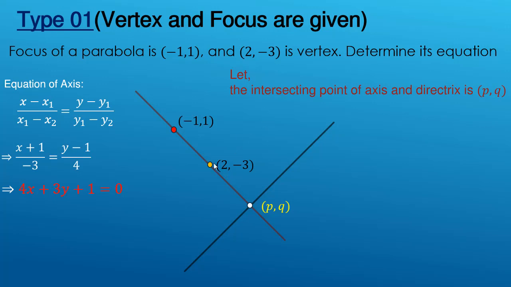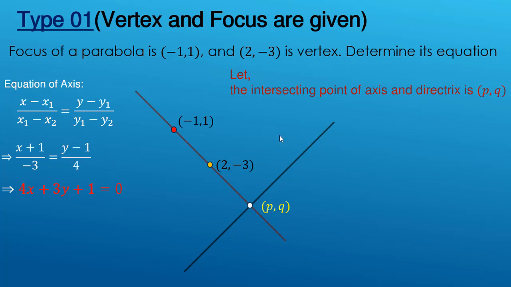So if these two distances from the vertex are equal, look, this distance and this distance are equal, so the vertex must be the midpoint of the line segment that joins (-1, 1) and PQ, right? Now we know how to find the midpoint if we are given the two endpoints of any line segment.